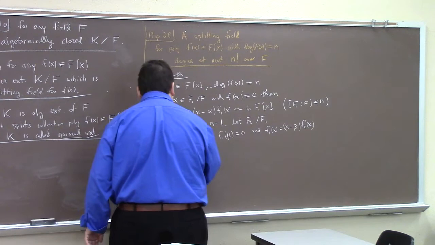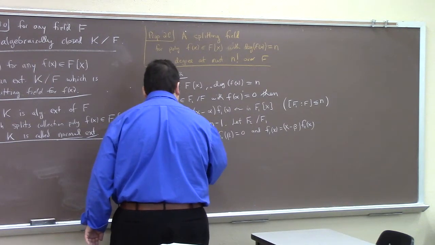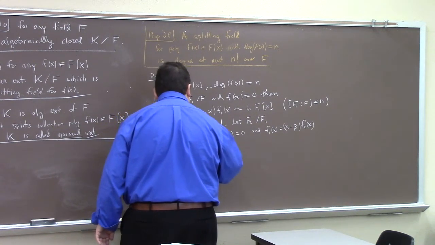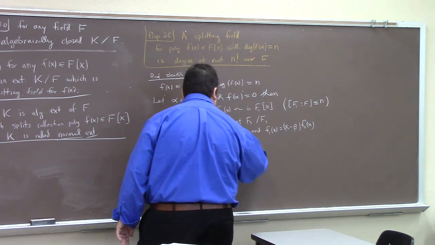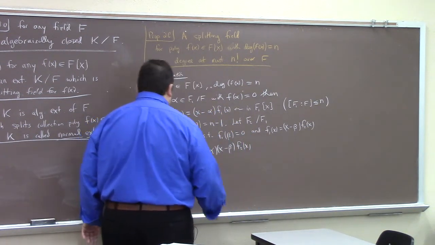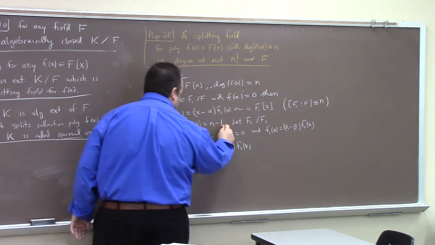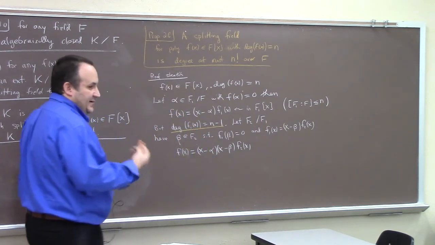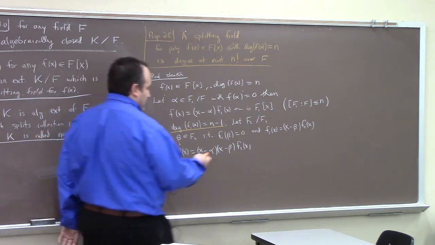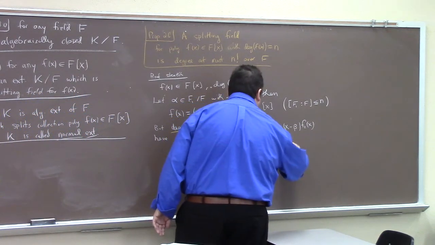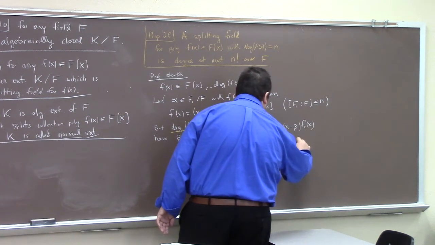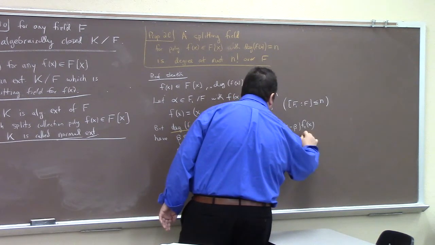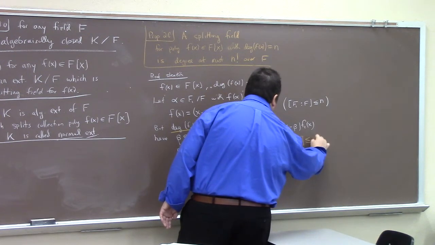And so altogether we got f of x equals x minus alpha, x minus beta, f2 of x. But you notice that the degree of f1 is n minus 1, so the degree of F2 over F1 is less than or equal to n minus 1.